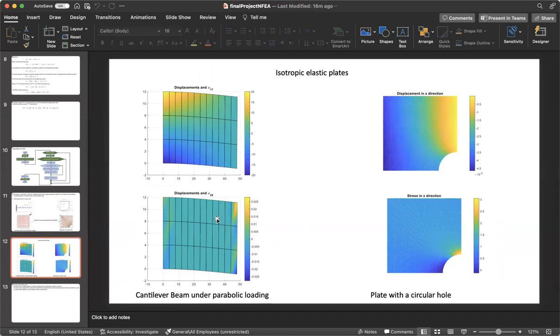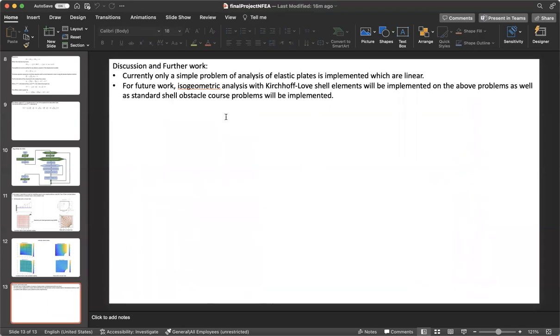But the thing is that these are linear elastic plates and did not use any Kirchhoff-Love elements, which carry nonlinearity with them. So currently only the simple problem of analysis of elastic plates is carried out, which is a linear analysis. But in future work, I will be studying isogeometric analysis of Kirchhoff-Love elements for the above problems.